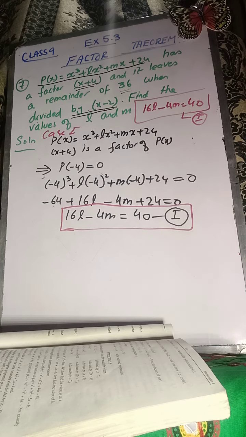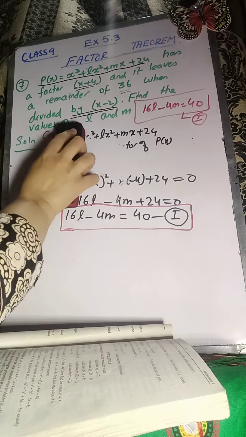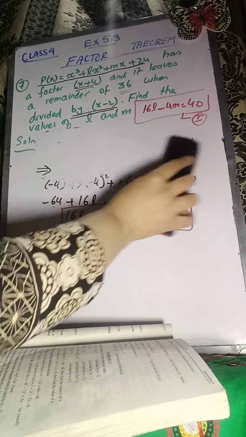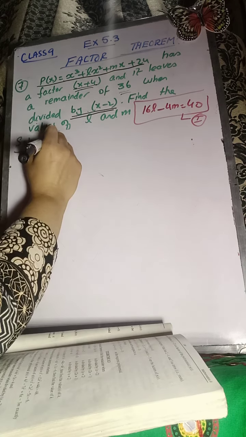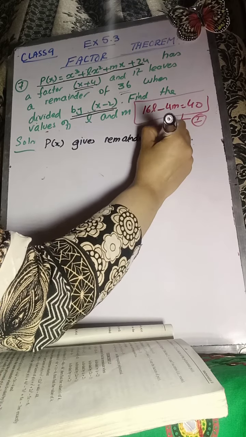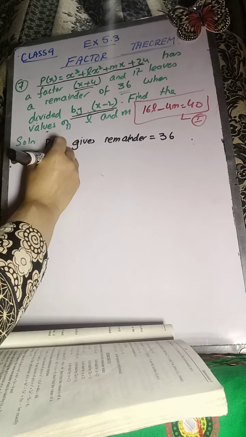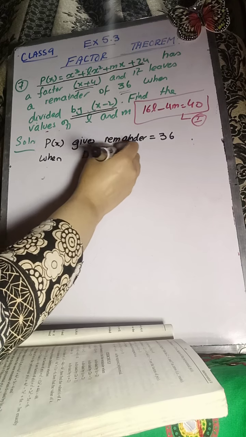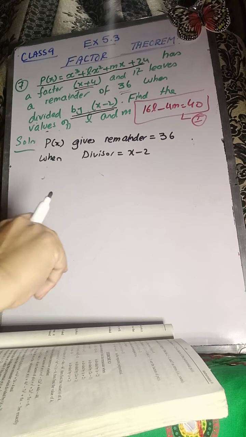Okay, and now we are going to the second case, the second condition that is given to us: p of x gives remainder equal to 36 when the divisor is x minus 2. So it means that the polynomial will have a remainder of 36 when this polynomial is divided by x minus 2.